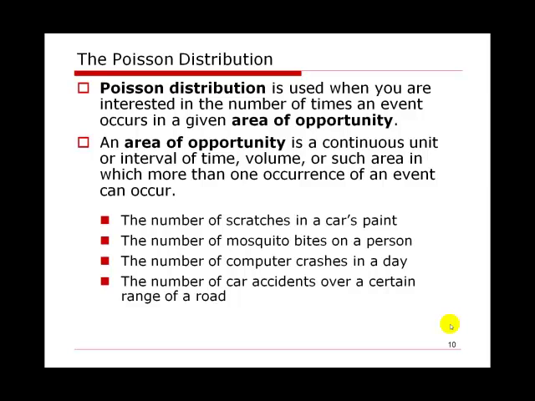It can be 1,000, 2,000, or theoretically it can go to infinity. The number of computer crashes in a day, theoretically, can be unlimited as well. So this is the second difference between the Poisson distribution and the binomial distribution. When you try to judge whether a given distribution is a Poisson distribution or a binomial distribution, these are the two things you need to consider.